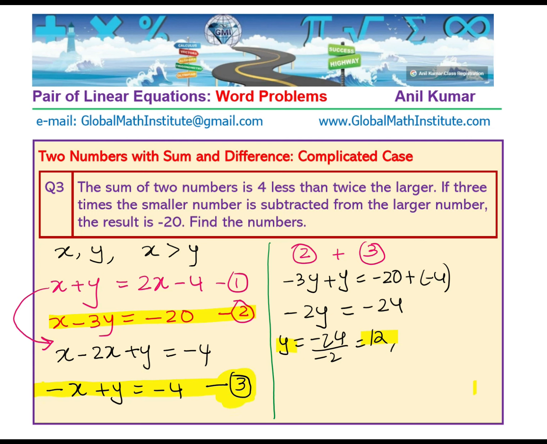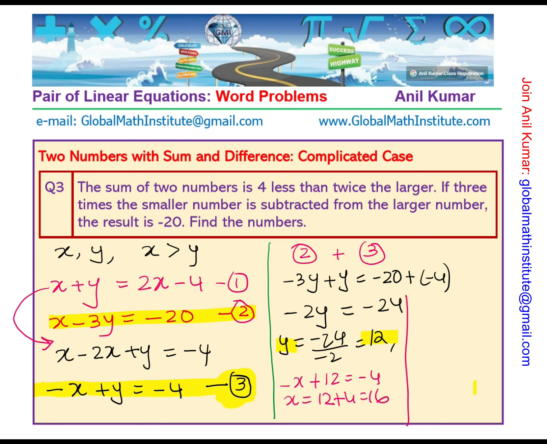We get minus x plus 12 equals to minus 4, or x is equal to 12 plus 4, which is 16. So larger number is 16, smaller is 12, right? So we get our solution. So let's write down our solution now, which is x equals to 16 and y equals to 12. Makes sense? You can see the difference is 4.